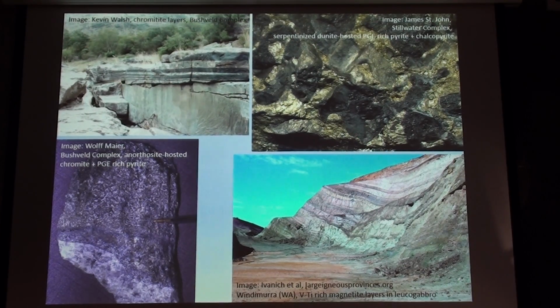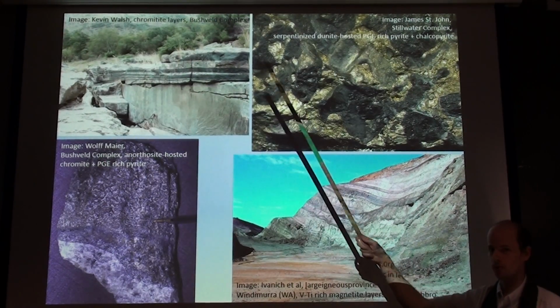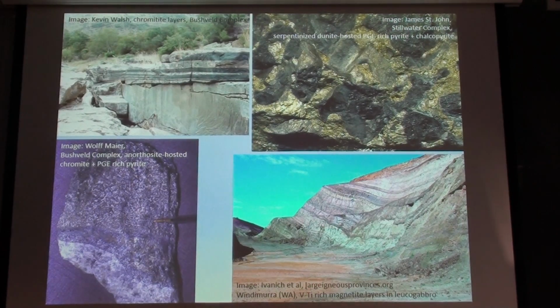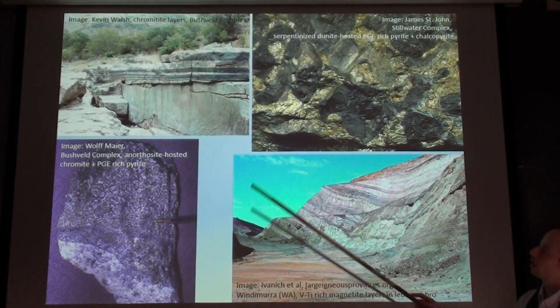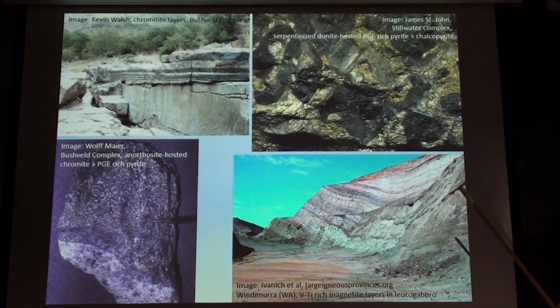That's the famous Merensky Reef. These are basically extensive, and they go for 250 kilometers. Chromitite layers. Chromitite is a rock which consists mostly of chromite.